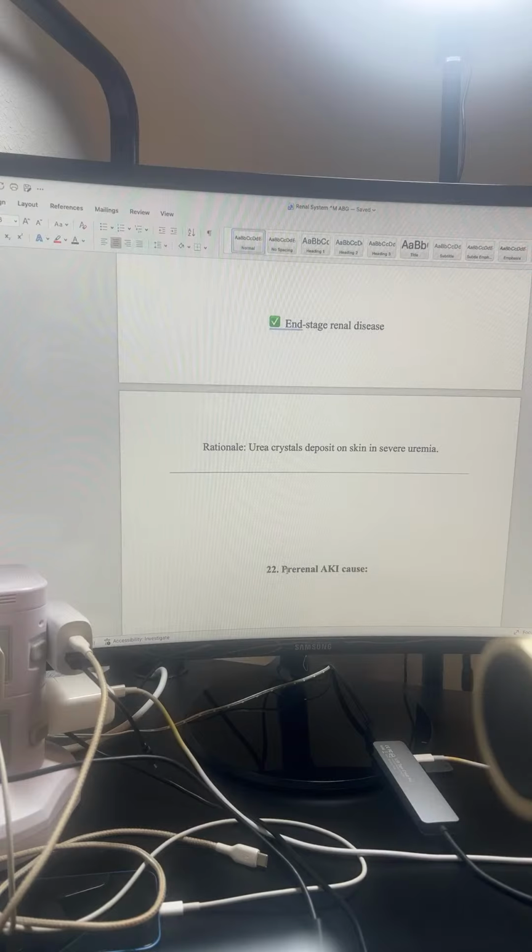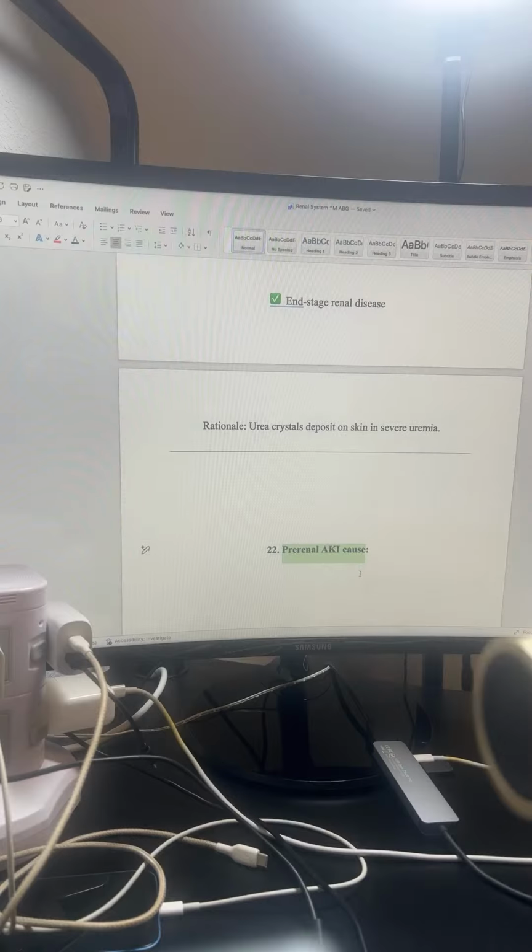What are some of the causes for pre-renal acute kidney injury? Dehydration, hypoperfusion, CCF, surgery, shock, hypovolemia. All right.